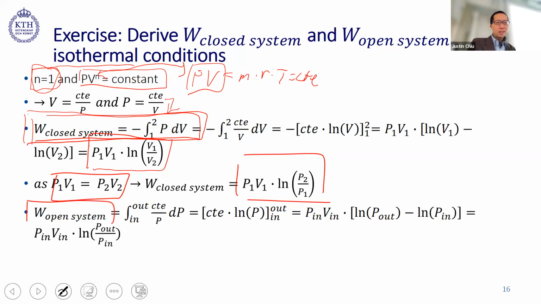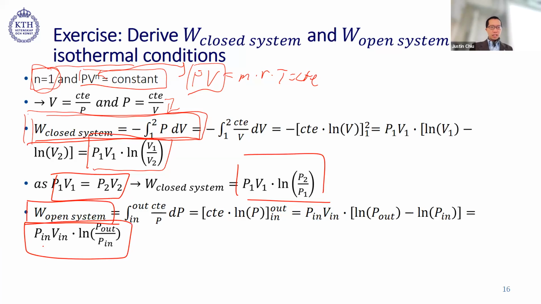So here, this is the work or energy or power for open system, depending on if you divide by time or not. You get exactly the same equation. And then for an open system, I normally say inlet and outlet, right? And then here, I have the ratio of the pressure, the compression ratio, but it's also possible to replace this P out divided by P in by V in divided by V out.